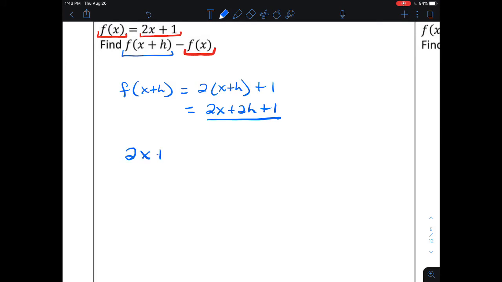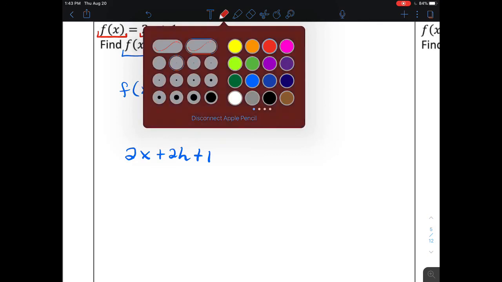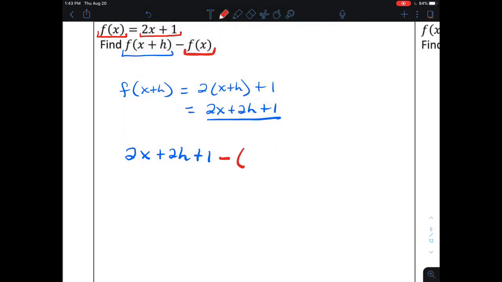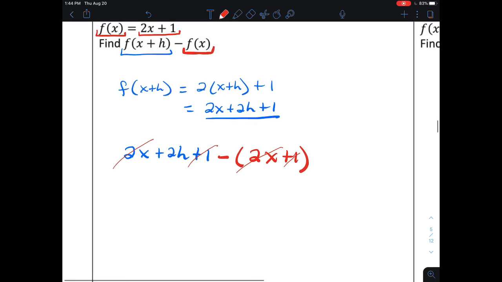So it said take f of x plus h and subtract f of x from it. Well, I need to put f of x in parentheses and then simplify. So I look at this, the 2x's are going to cancel, 1 minus 1 is going to cancel, and it's going to leave me with 2h.